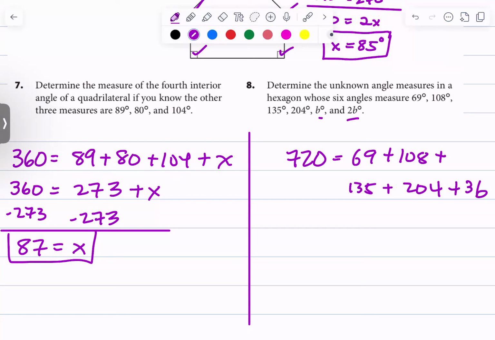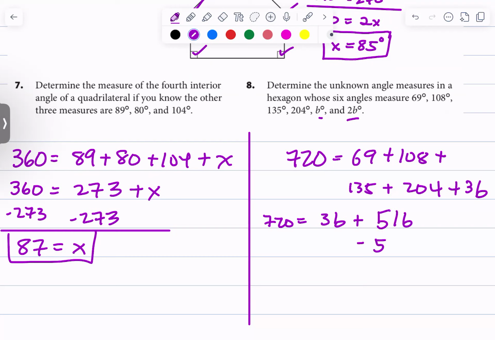So this would be 720 equals 3b plus 516.